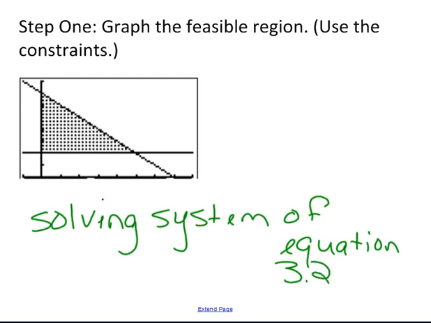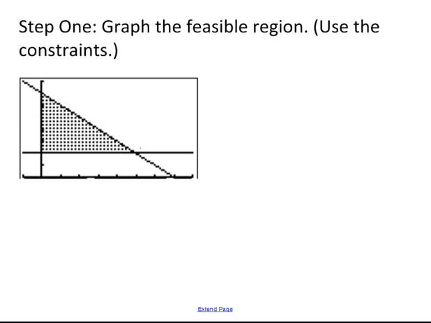So if you don't remember how to do solving systems of equations, look at your notes for 3.2. Okay, so the graphing part of it was 3.3. But to figure out where these 2 lines cross, we did that in 3.1 and we did that in 3.2.